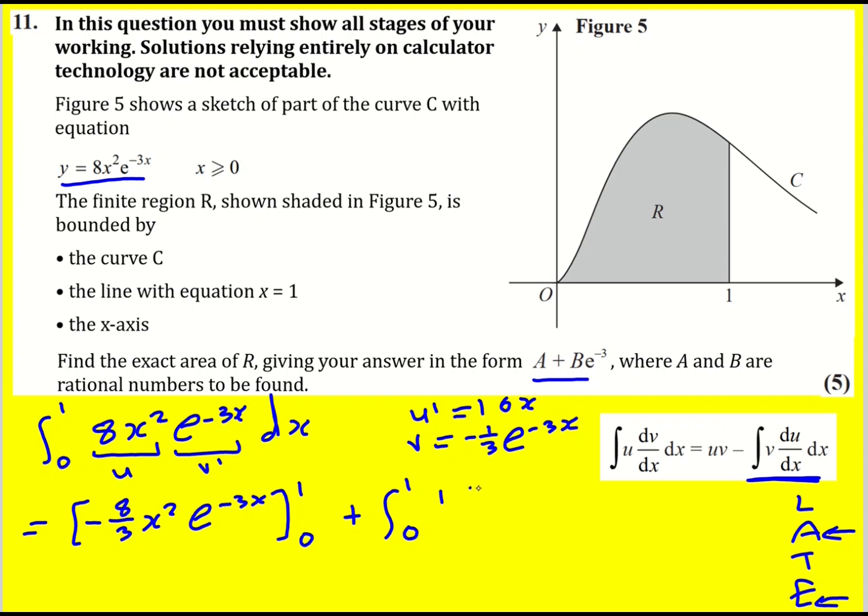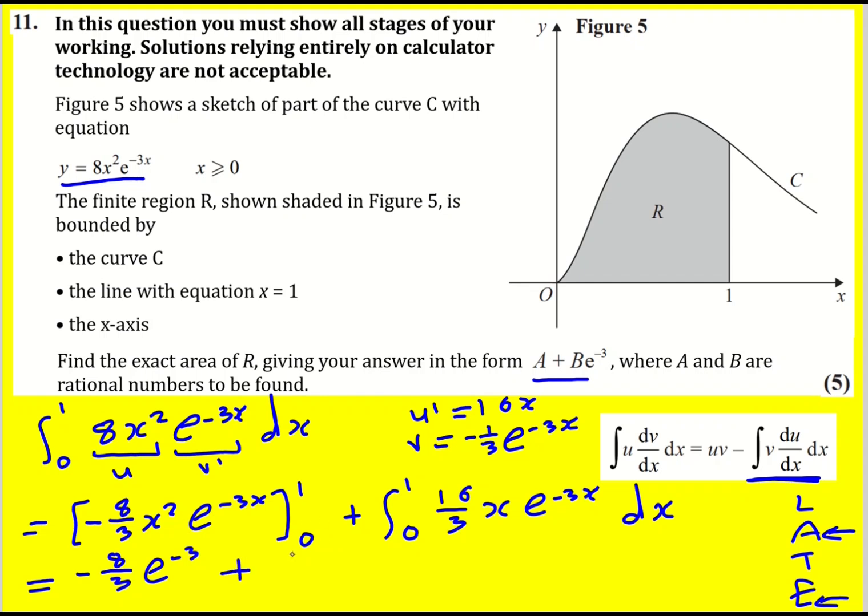Well, that's going to become a plus 16 over 3 because there's a double negative, and then x e to the minus 3x. Now you can either keep going with all the integrations and deal with the definite part at the end, or in this case, I'm just going to work out the left-hand term. It's going to become minus 8 over 3 times 1 squared times e to the minus 3. And then when I substitute the 0 in, I'm just going to get 0.